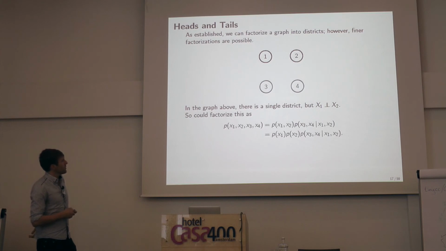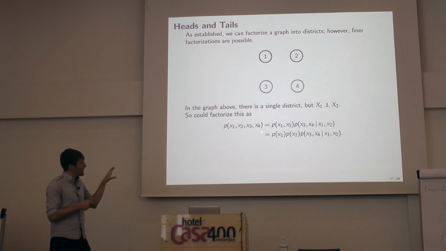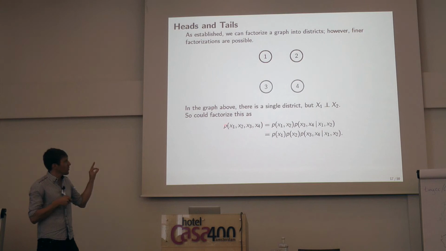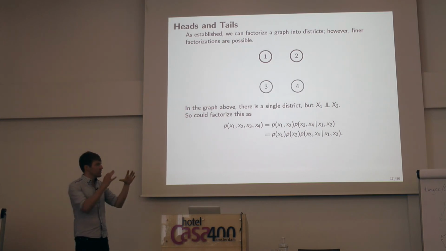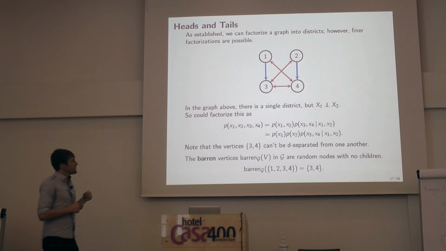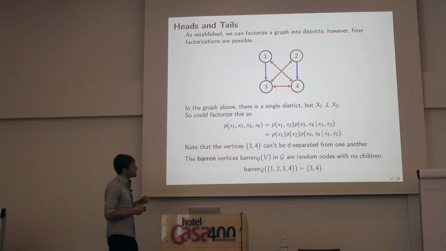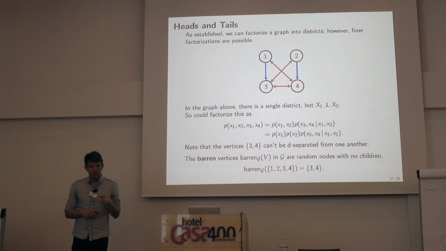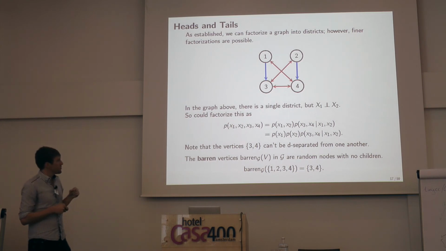So you might think, well, in a way I could have picked a factorization for the whole thing which displayed this independence, instead of having to marginalize out things first and then see the factorization. So in some sense, saying that things factorize just into districts isn't the best I can do at any particular point. What you may also note is that in this case it's a bit trivial.